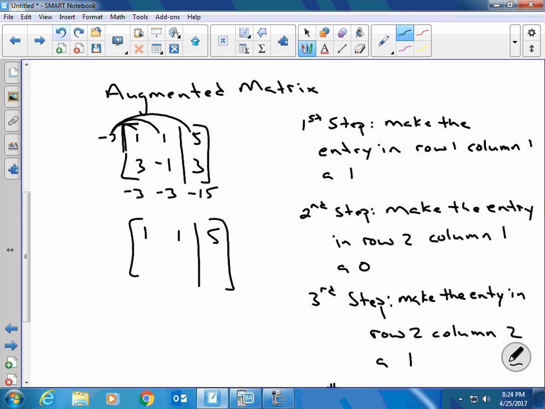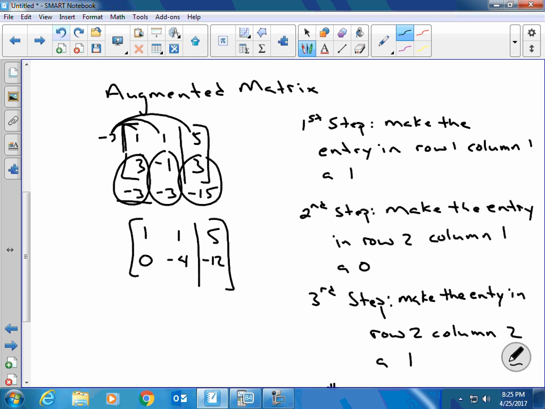And now I'm going to add these entries together. +3 plus a -3, 0. -1, -3, -4. +3, -15, -12. Sorry, step 2 is done.